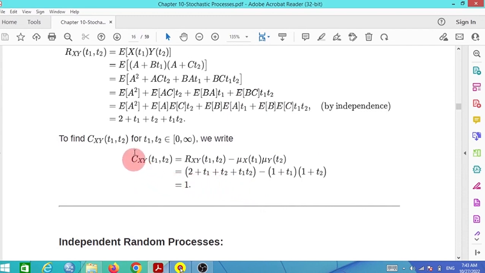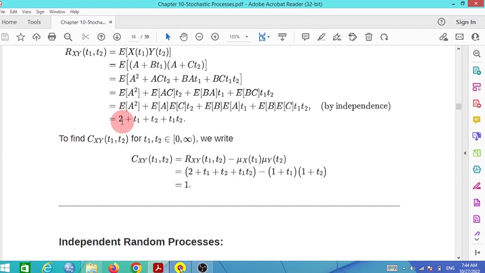So this is the expected value of A squared, which by the definition of variance is: variance equals the expected value of the square minus the square of the expected value of a random variable.